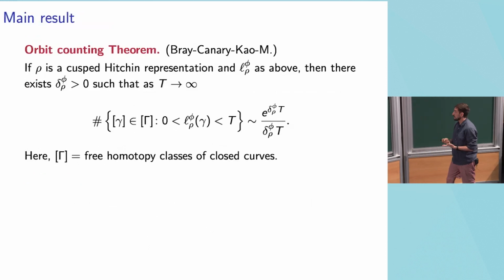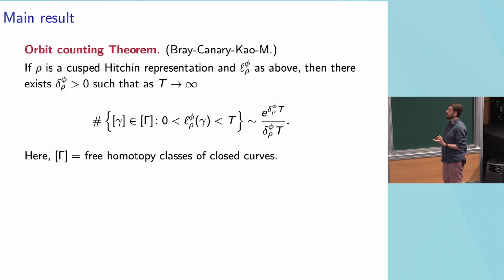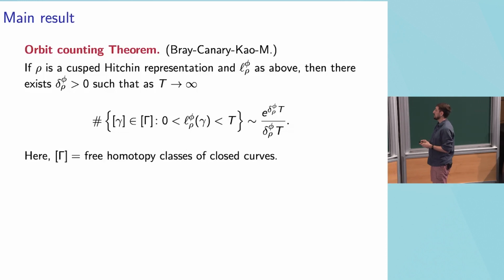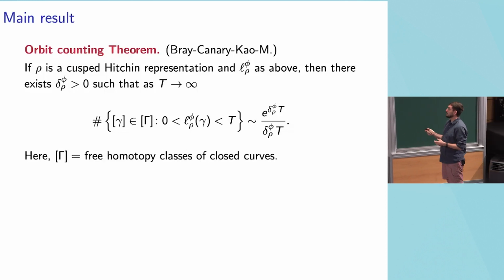Okay. Main theorem. The main result I want to talk about is an orbit counting theorem. I take a cusped Hitchin representation and one of these length functions. Now I get a set of closed curves on my surface that have length at most t. Since I'm cusped, I need to make sure that I don't count things that have length 0, like things in the cusp.